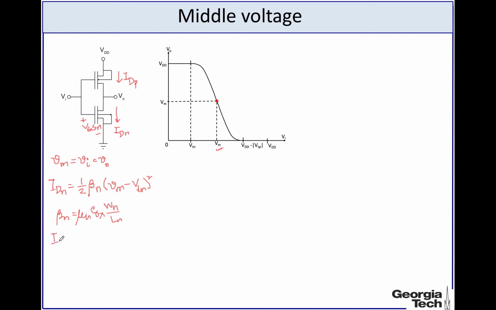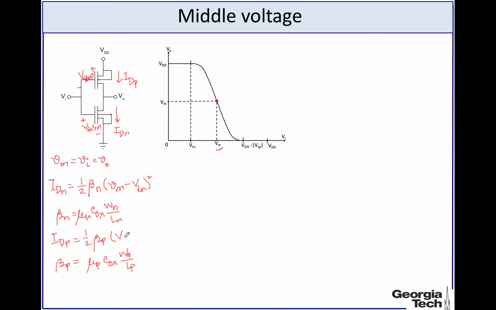Similarly for the p-type MOSFET, let's define beta P as mu P Cox WP over LP, and IDP is equal to half of beta P multiplied with VSGP plus the threshold voltage. VSGP is the voltage between the source and the gate of the p-type MOSFET.